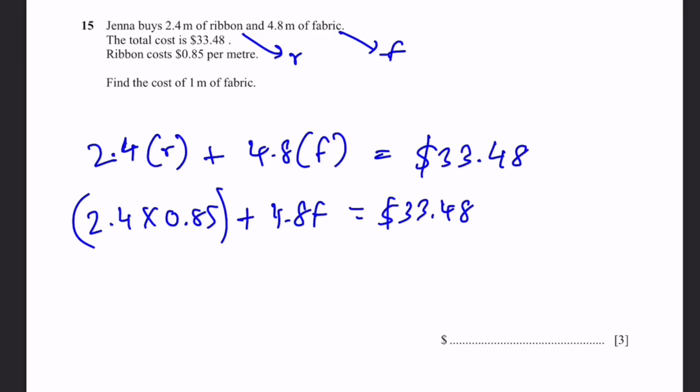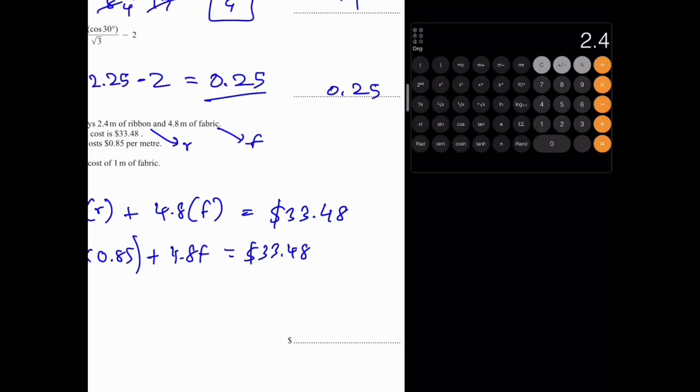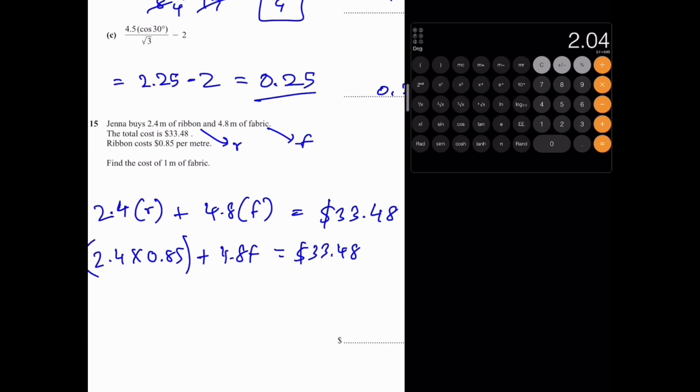Let's get our calculator out. 2.4 into 0.85, we get 2.04 plus 4.8F is equal to $33.48. So 4.8F is equal to 33.48 minus 2.04, which is equal to $31.44.